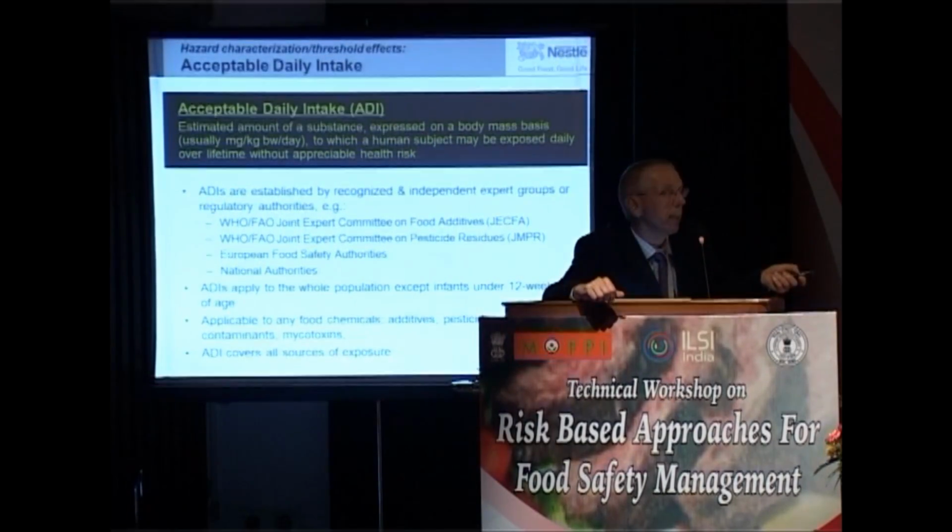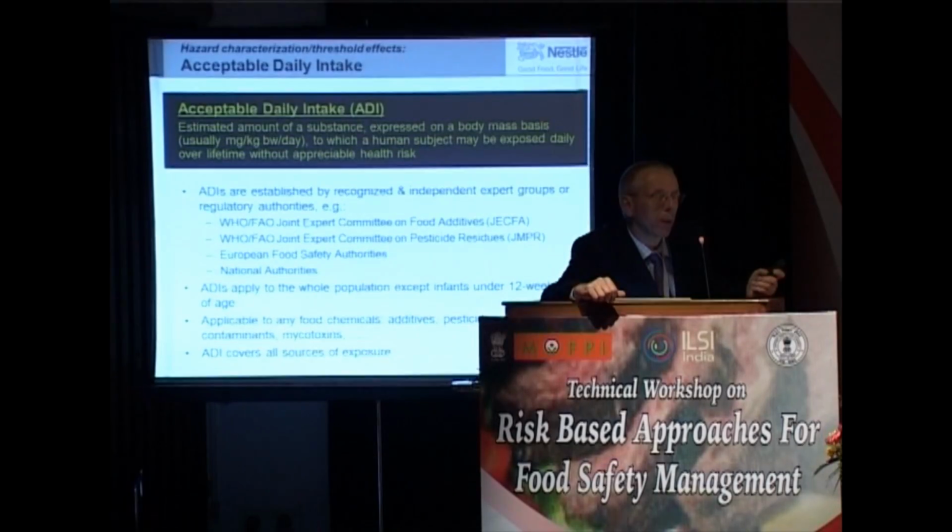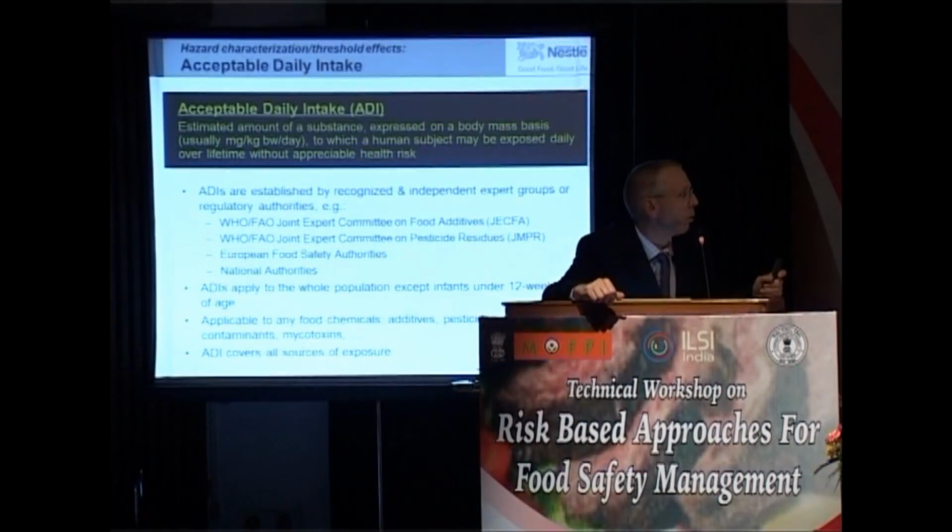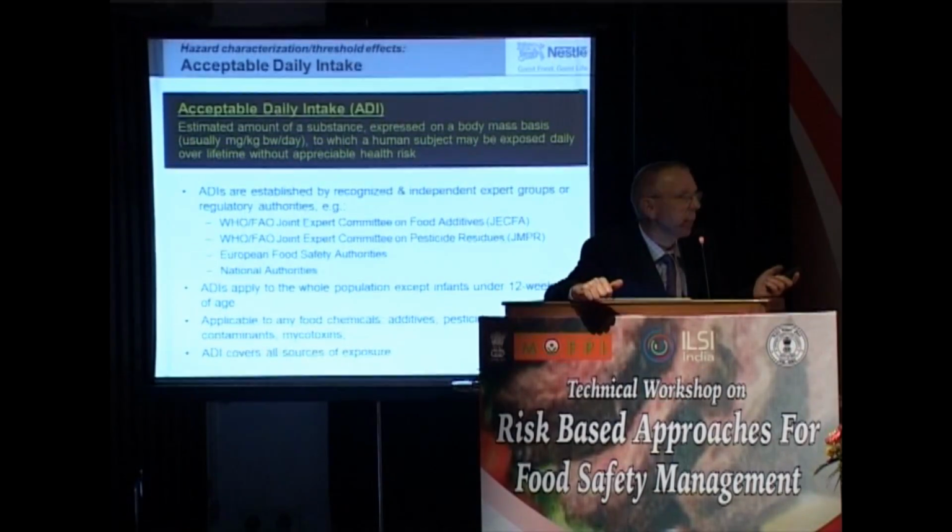May be exposed daily, so every day, over lifetime, so during the whole life. And without appreciable risk. It's wording which is a bit bizarre maybe, but I think it takes into consideration that scientists don't like to be sure about safety and don't feel comfortable saying this is an absolute guarantee of safety. But it means that if there is a risk, it's non-appreciable, so you cannot measure it, and that's basically what it means.